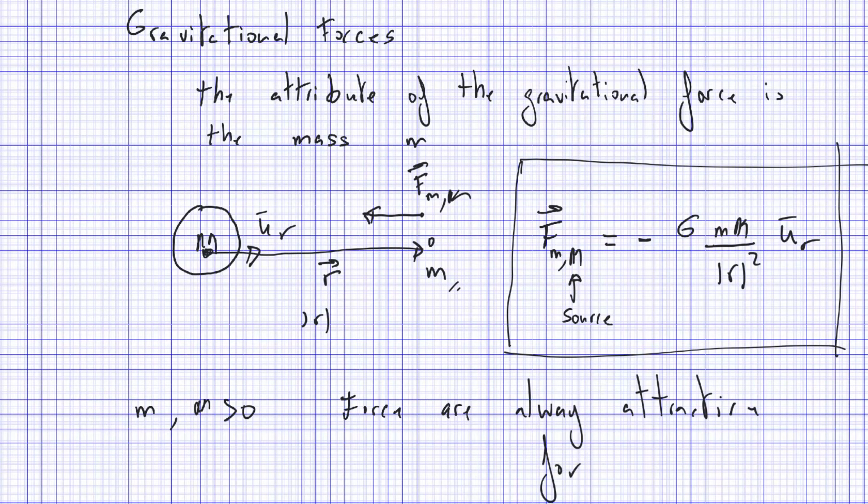So now we are going to link this idea with the electrical force. What happens with the electrical force now? Now with the electrical force we have an attribute that the objects have, and the attribute is the charge.